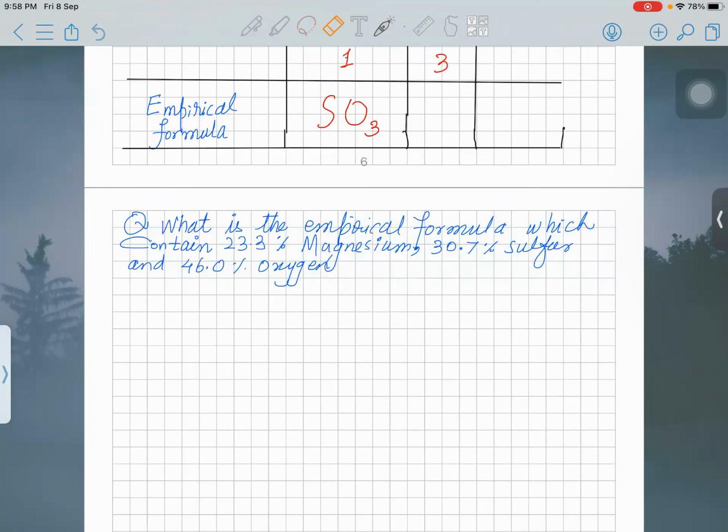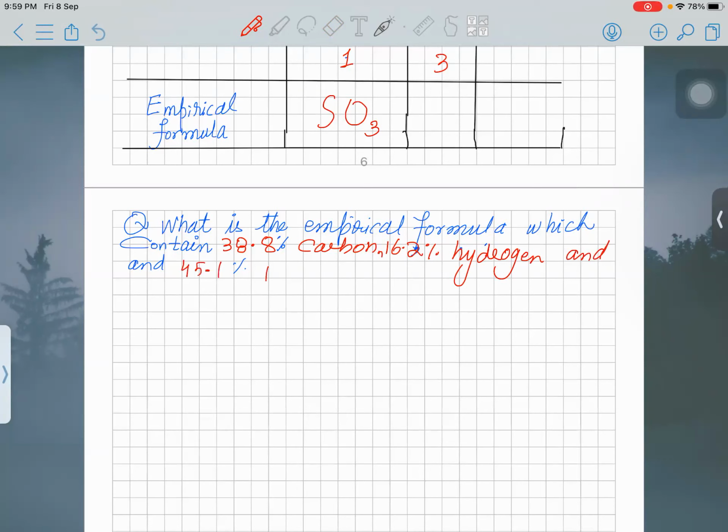What is the empirical formula of a compound which contains 38.8% carbon, 16.2% hydrogen, and 45.1% nitrogen?